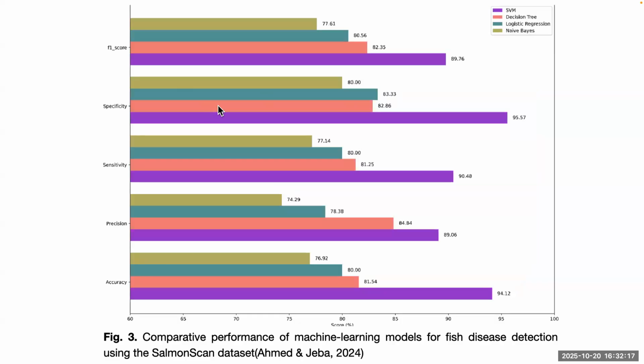And these are the predictions they applied for machine learning algorithms: support vector machine, decision tree, logistic regression, and naive Bayes. And as you see, these are the metrics: sensitivity, specificity, precision, accuracy, F1 score.